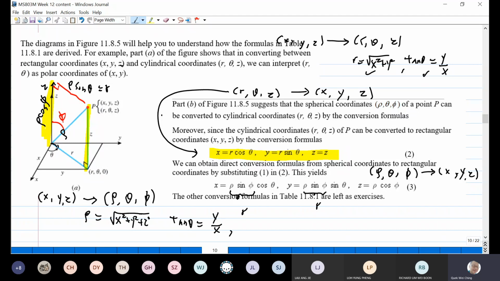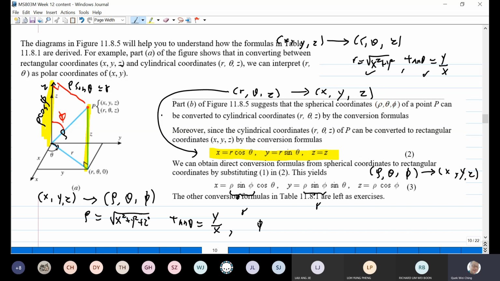How to find phi here? Phi is the angle between z and rho, right?